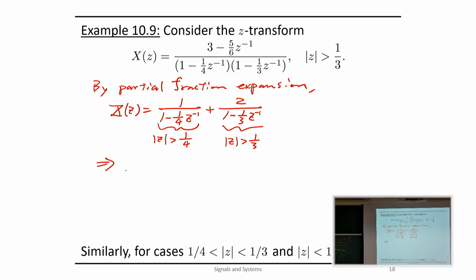If you apply example 10.1, you get x of n equal to 1 over 4 to the power n, plus 2 times 1 over 3 to the power n, times the unit step function.